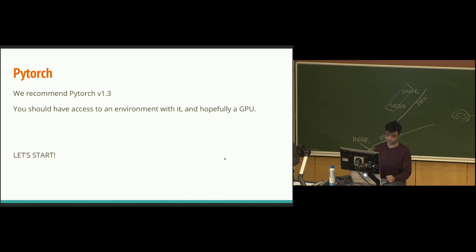So we will work with Pytorch throughout this whole course, basically version 1.3. You are free to use any deep learning library that you want to, but the TAs would only be able to provide support with Pytorch in the recitations and on Piazza.